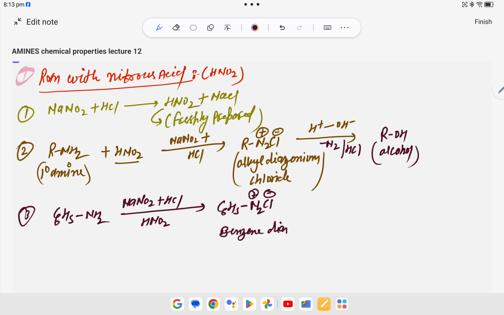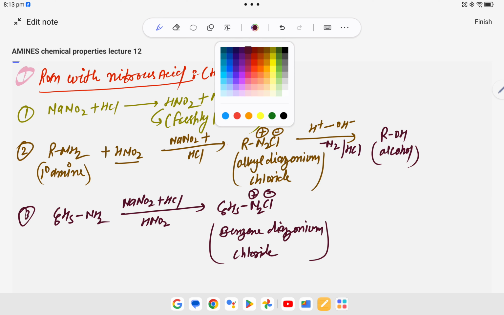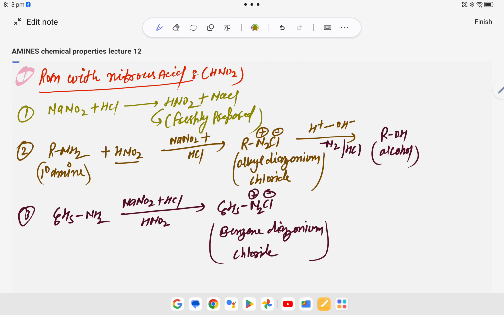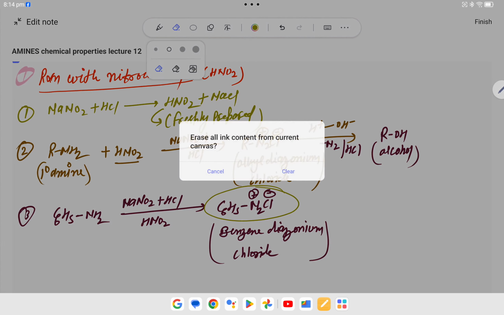Benzene diazonium chloride will be formed. So that is the process for reaction with nitrous acid. And this benzene diazonium chloride we will discuss completely in the second phase of the chapter. Okay, so let's discuss the mechanism of this concept.